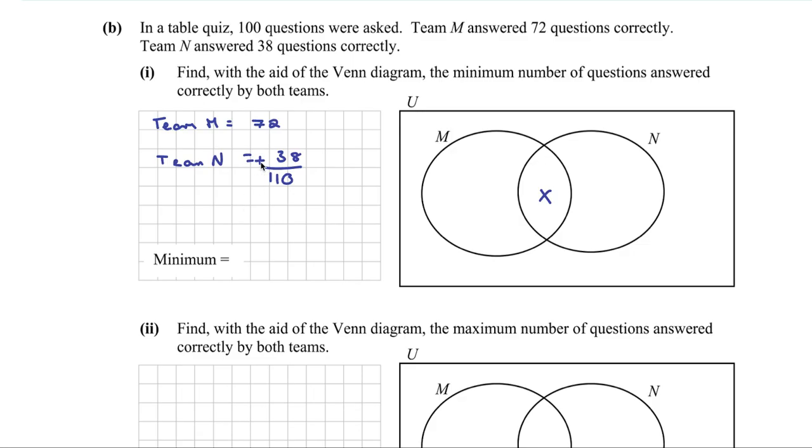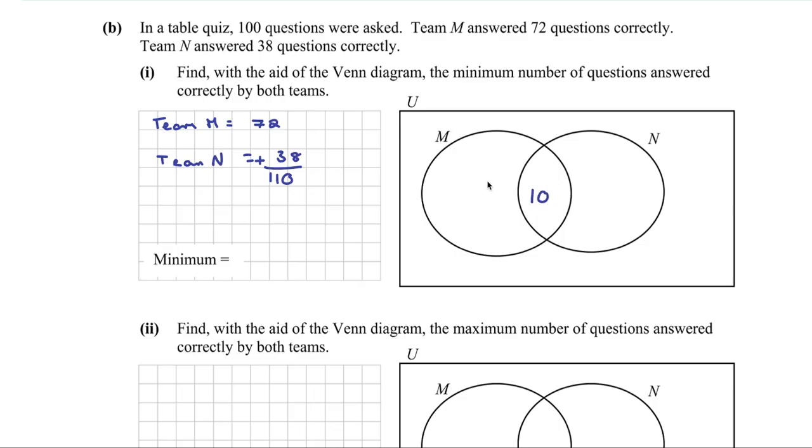Well, it tells me that there has to be some overlap between them. At the very least, they have to have answered 10 both correctly at the same time. Because there's only 100 questions, when I add these two together, I see that there's a double up of 10. So that means that I can put 10 into this region here.